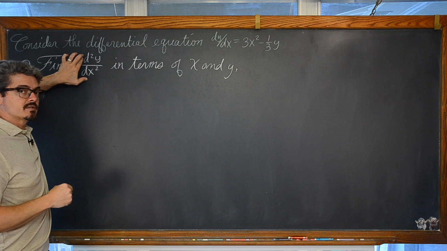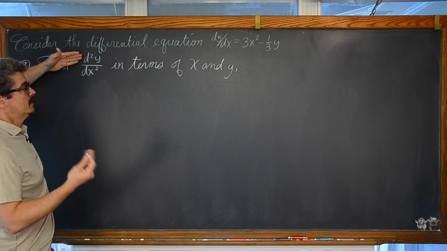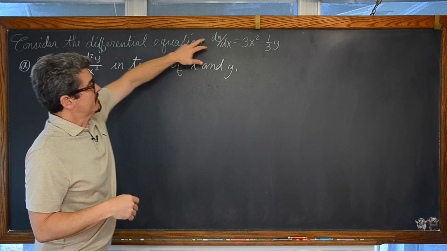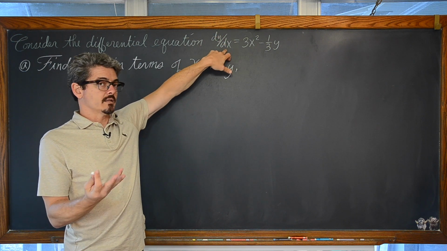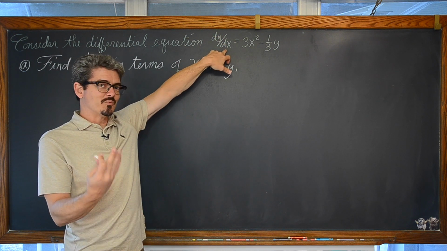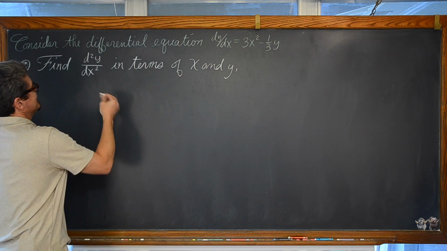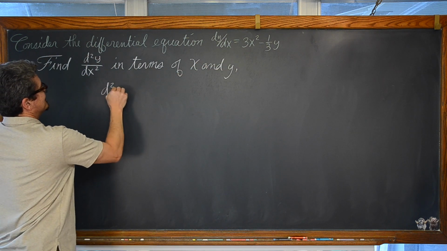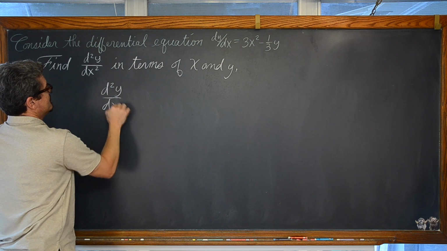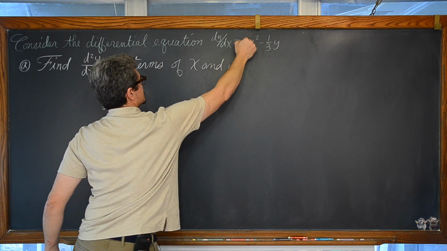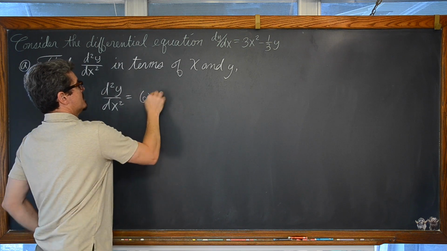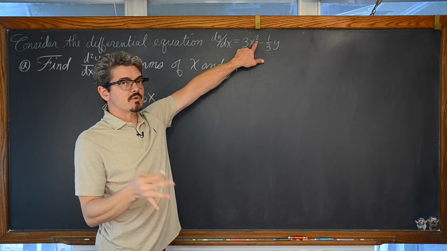Make sure you pay attention to that notation, because I could simply give you a derivative, say dx/dy, and we're taking a derivative with respect to y instead of with respect to x. Okay, so the second derivative of y with respect to x is equal to, we're going to bring that power of 2 down and have 6x, reduce that exponent by 1.